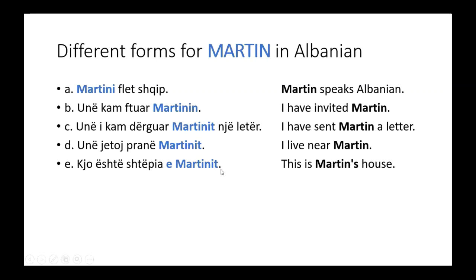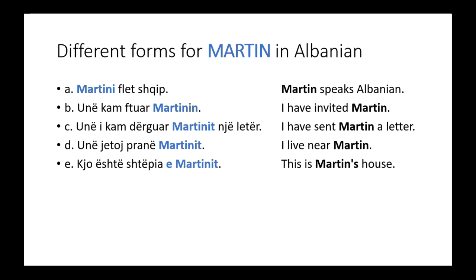So notice that in this case, in Albanian, nouns also have case. In English, you can see the case only in pronouns. In Spanish, you can only see the case in pronouns, but you see more cases than you see in English. In Albanian, you see case all over the place. So you have case in nouns, you have case in pronouns, okay? So when you learn Albanian, you have to learn all the different cases with all the nouns.